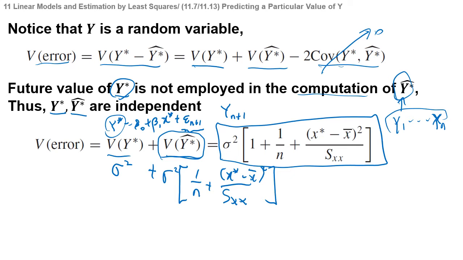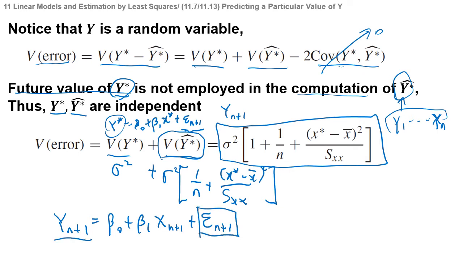So the intuition here is that for the future observation y n plus 1, you are going to have beta 0 plus beta 1 x n plus 1 plus epsilon n plus 1. So this variation for the future observation is also added for the future event.